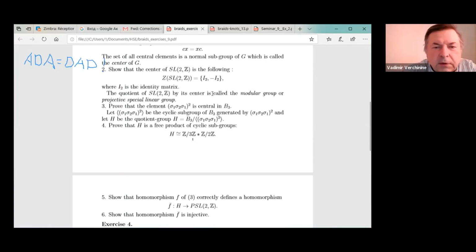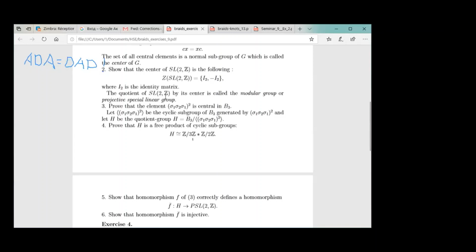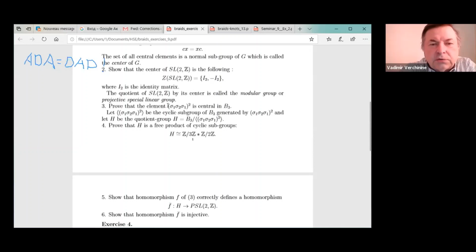And now we can... I didn't write, sorry, the modular group or projective. This is when you factorize by the center, so, right? And this is the crucial thing, that this element is central in the braid group.